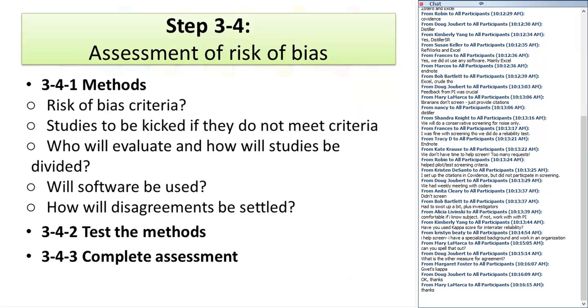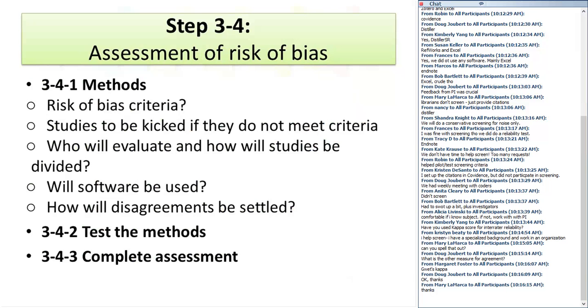So sometimes this is going to be another level in the selection process. And this also should be done by at least 2 independent evaluators. You may use different software for this. You've got to talk about how disagreements are settled.